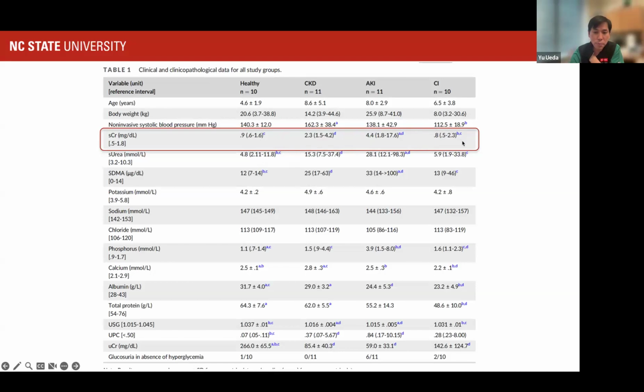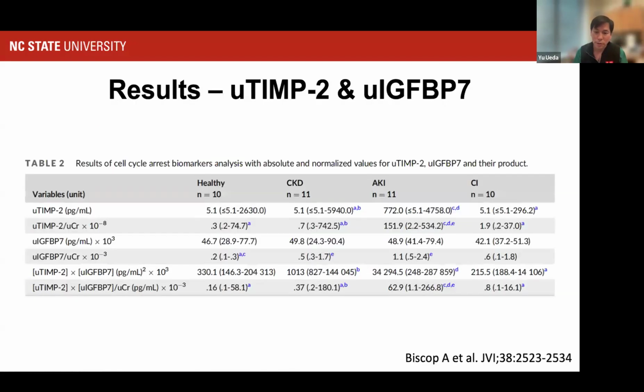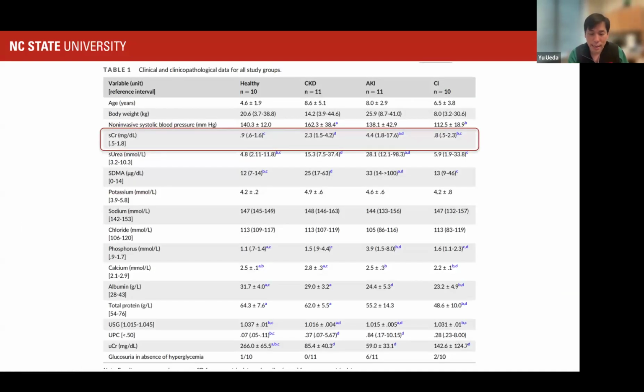In the critically ill group, the highest serum creatinine concentration was 2.3, which is higher than 1.8, so some patients had higher creatinine than normal, though I assume they normalized after fluid resuscitation. The AKI group had all patients with serum creatinine higher than 1.8. This study included IRIS AKI grades 2 to 5, not grade 1.